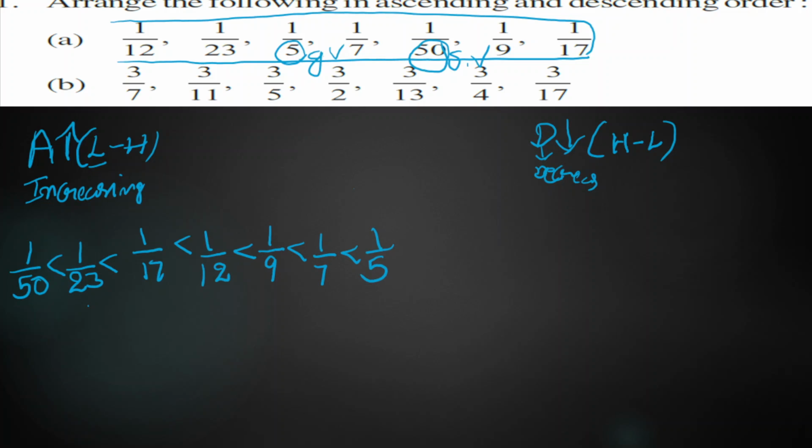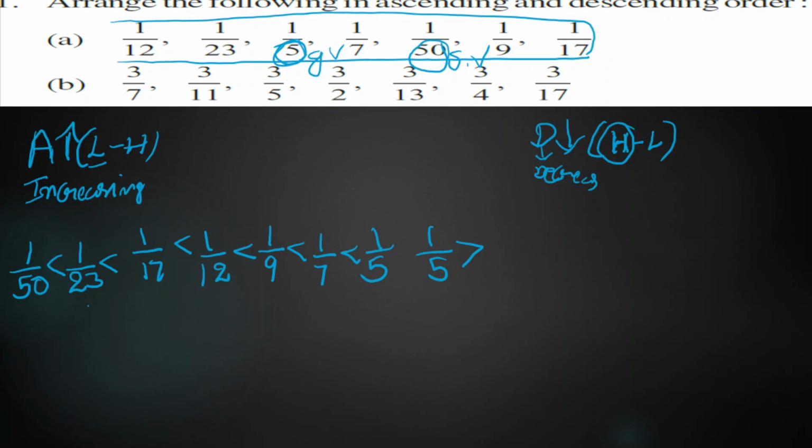And let me write the descending order. Here, let's start with the highest value. Here, the greater value is 1 by 5 because 5 is the smaller of all the denominators. So let's start with 1 by 5. 1 by 5 has the smaller denominator, so it is the greatest value.